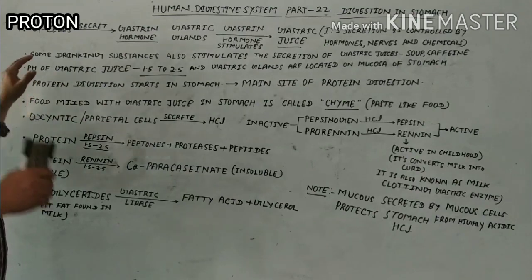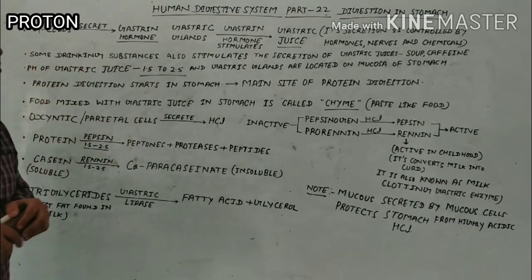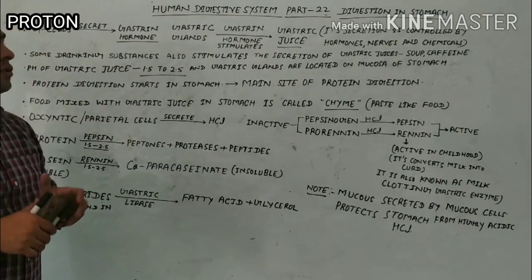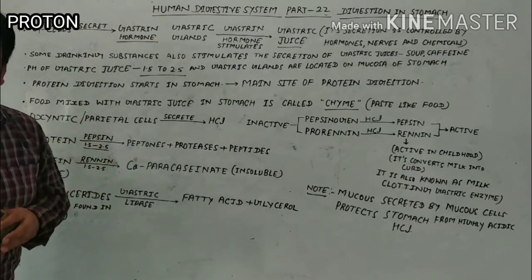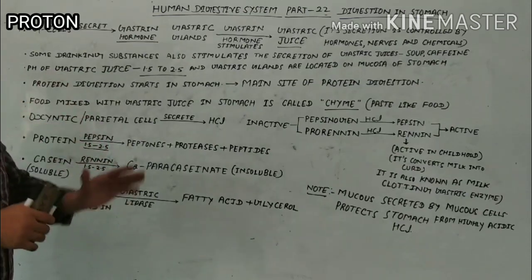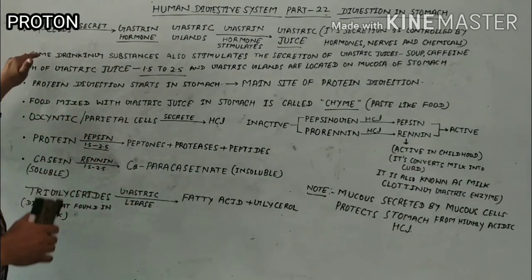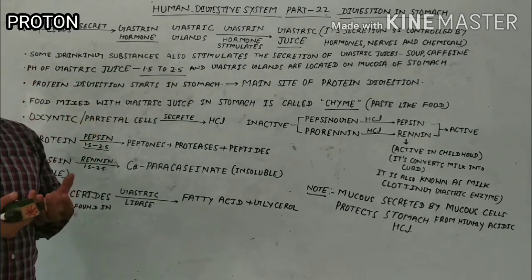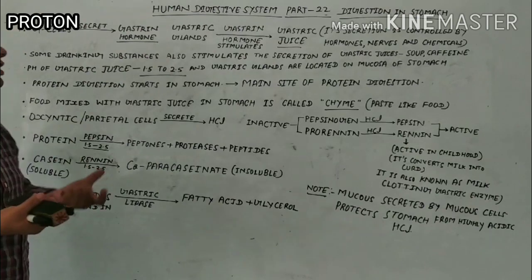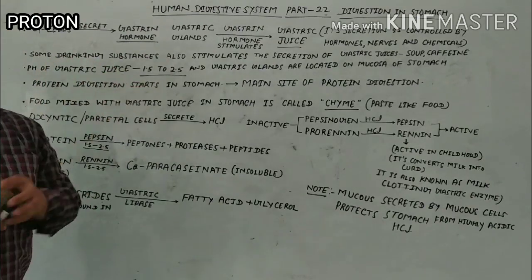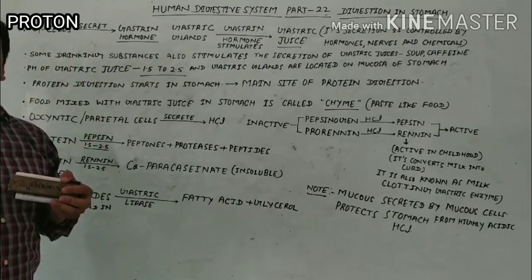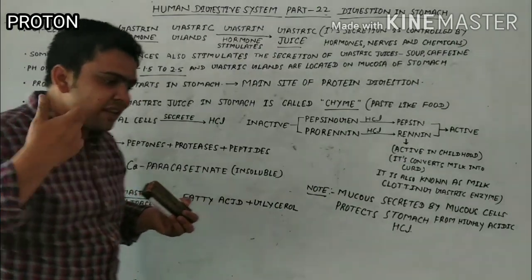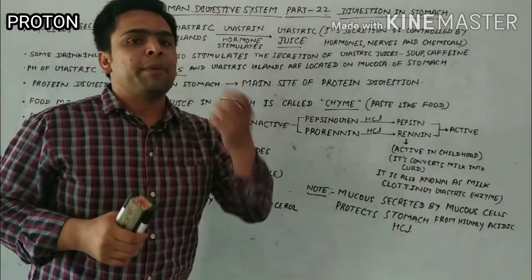The next point is that some drinking substances also stimulate the secretion of gastric juice, like soup and caffeine. So students, I mean to say through this point that in our body, in our stomach, gastric juices help to increase the desire of appetite.